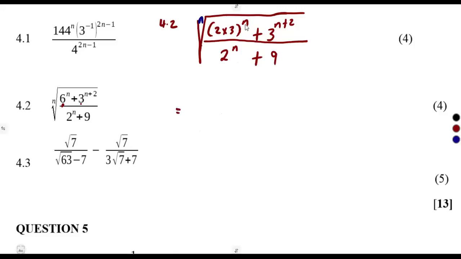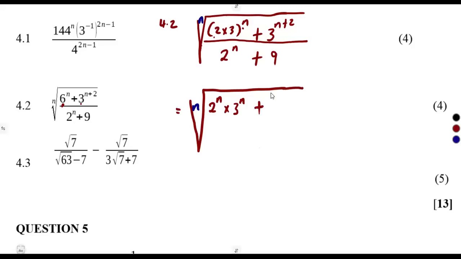Remember the exponent again. Each and every part here has to be raised to the exponent of what? n. So it is going to give us the nth root of 2 to the exponent of n, 3 also raised to the exponent of n. Like that. Okay? This is a product.